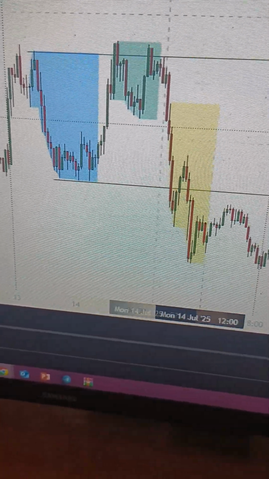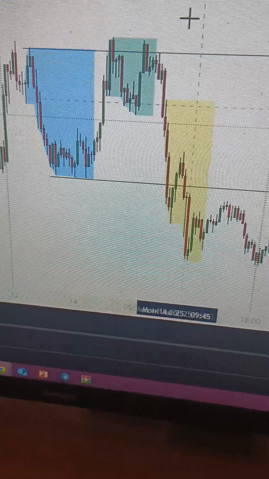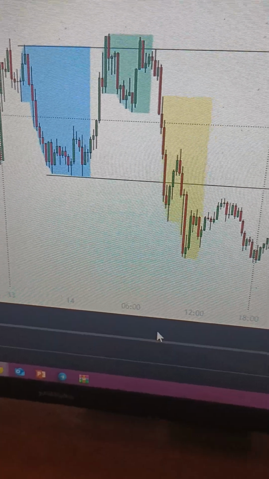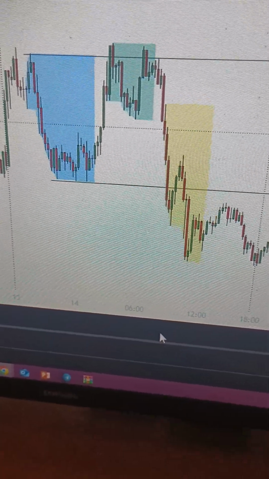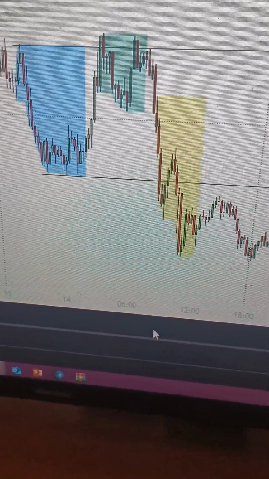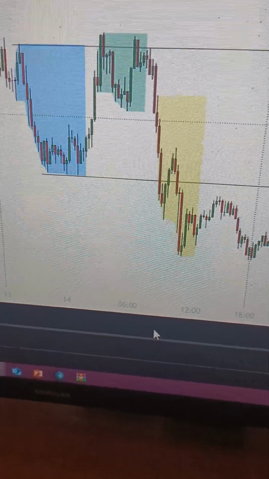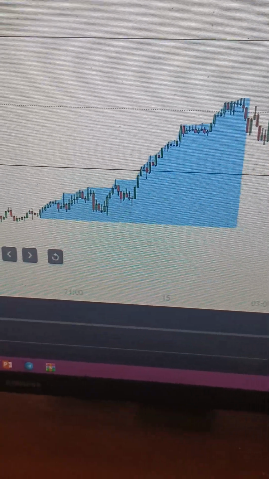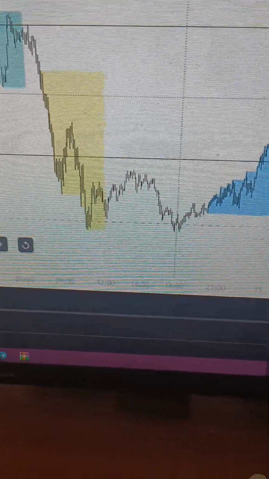So what happened here? We have this Asian session. How will you be making your entries? Because you can have a strategy, but the entries are the most important thing. I would recommend going to a lower time frame, like 5 minutes.